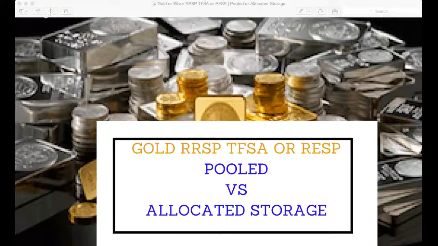Now, I want to talk about the type of storage that you don't often hear about, and it's what I call segregated storage. Segregated storage is where your investment in the physical gold or silver or any other precious metal is segregated from other people's investments.